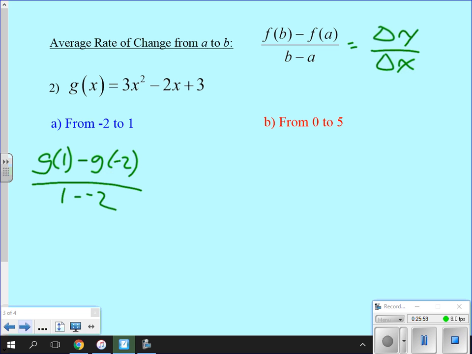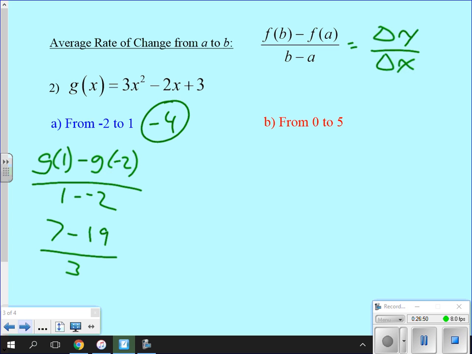So I plug in 1 into here. G of 1, that's 3 minus 2 plus 3, that's 7, right? 7 minus, plug in -2, it's a little more complicated. -2 squared is 4. 3 times 4 is 12. -2 times -2 is 4. 12 plus 4 is 16, plus 3 gives me 19. 7 minus 19 over 3, because 1 minus -2 is 3. 7 minus 19 is -12. -12 divided by 3 is -4.